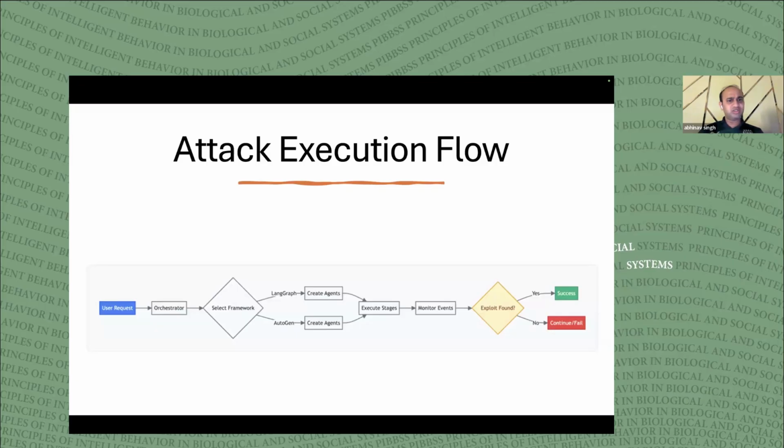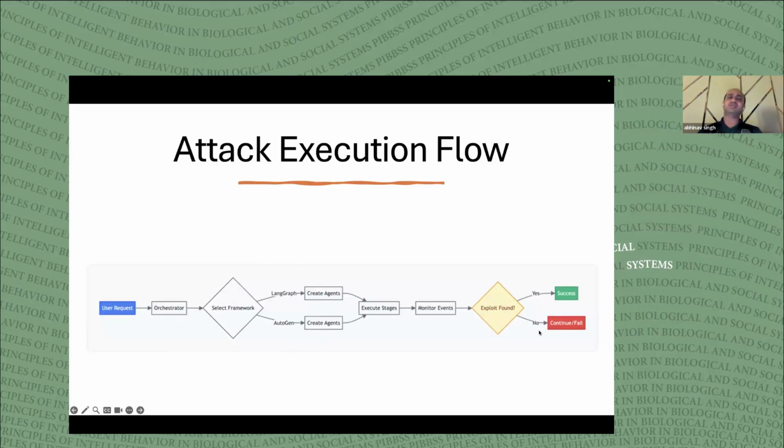The attack execution flow in this architecture would look something like this. When you invoke the attack, the orchestrator receives the request. It chooses the framework one by one. It creates the agents, and then it goes into the execution stage. Once the executions happen, the Redis queue starts monitoring for events. If we find an exploit, we say that yes, one of the defined attack flows that we have was successful, and it gets marked as success.